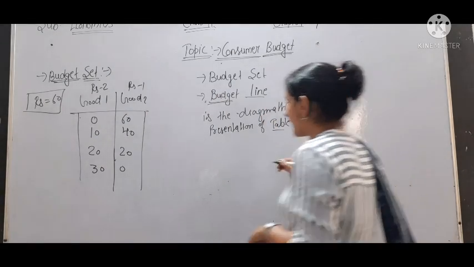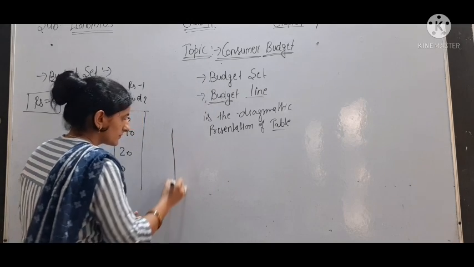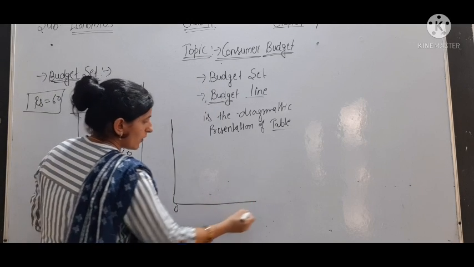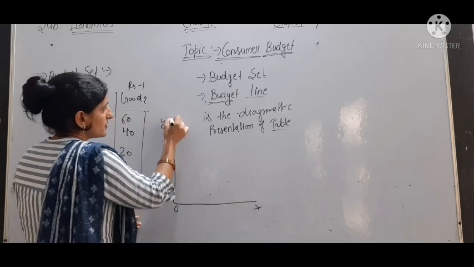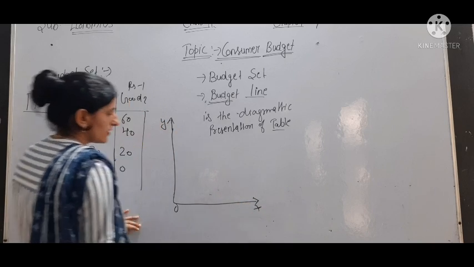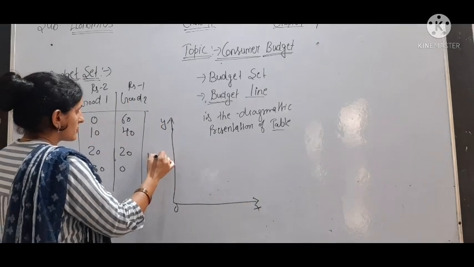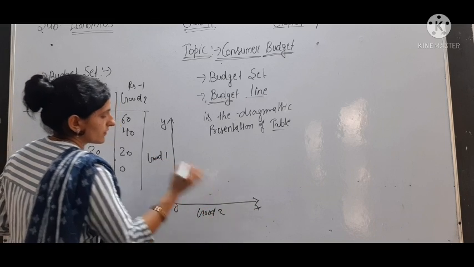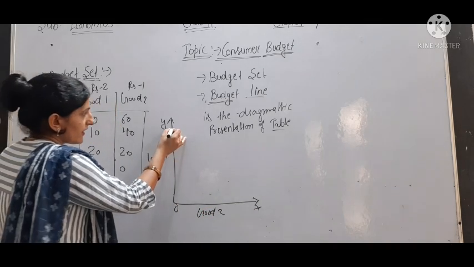So here we will take the OX axis and OY axis. Okay, so here we will take good 1 and good 2. So this is our AB line.